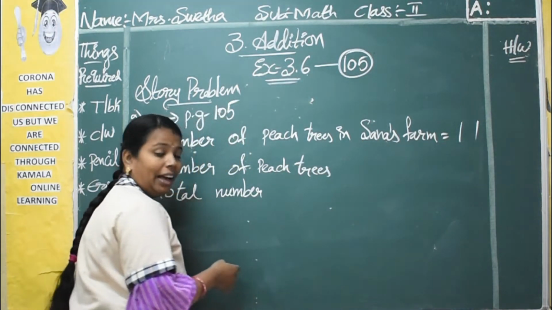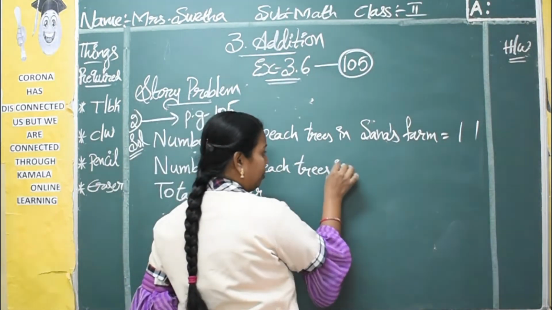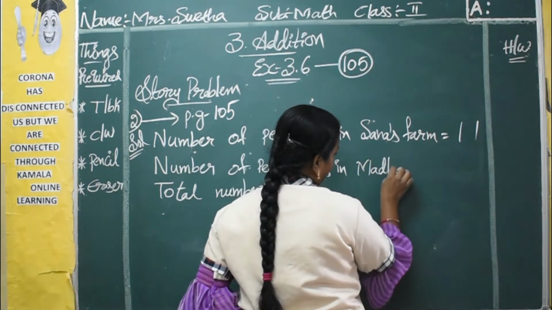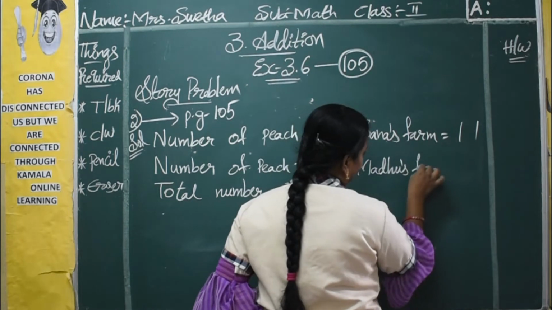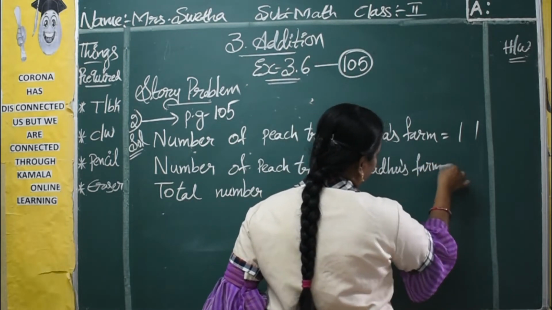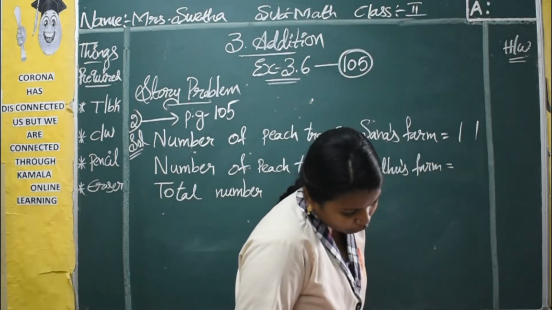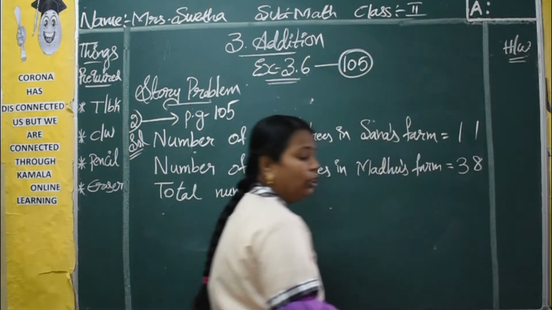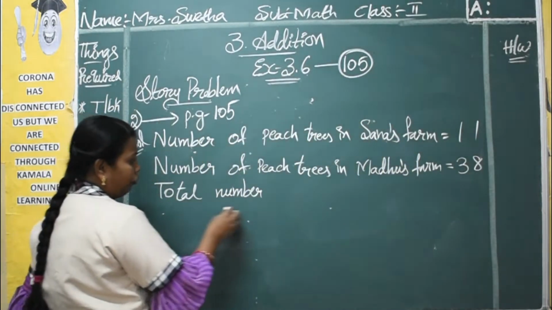Next whose name have they given? In Madhu's farmhouse. Yes, in Madhu's farm. So how many are there in Madhu's farm? In Madhu's farm there are 38. Okay. So you have to find total number of peach trees.